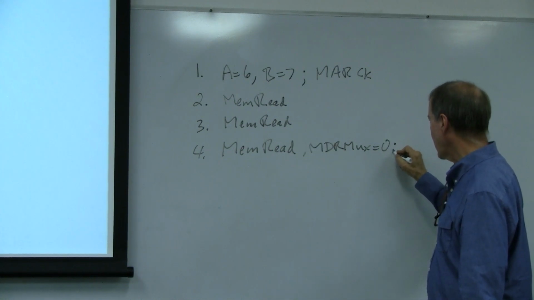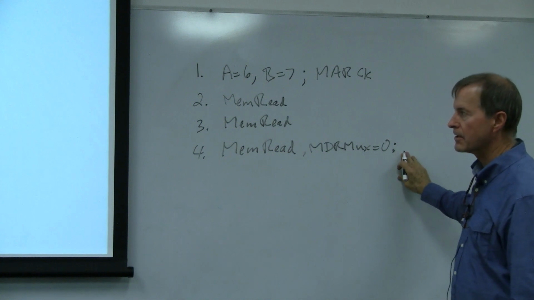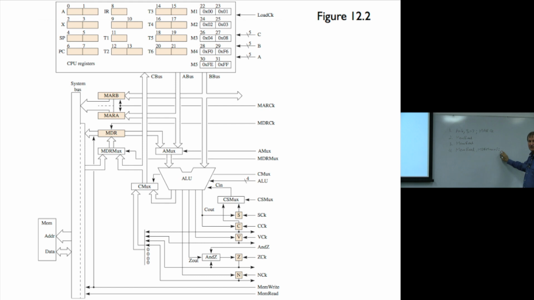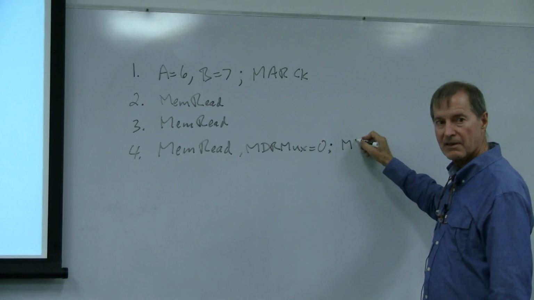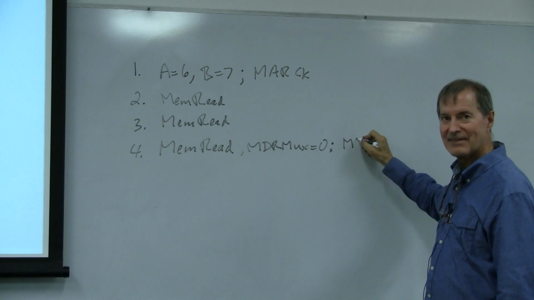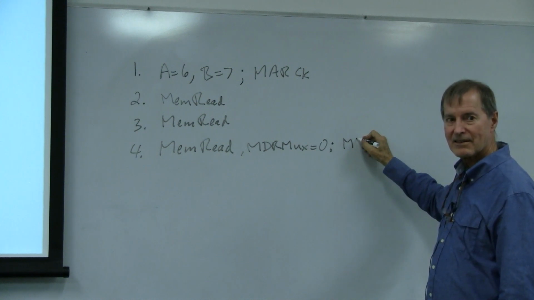And then at the end of the cycle, what do we want to clock it into? MDR. So how do we do that? Semicolon, and then what? What always comes after the semicolons?